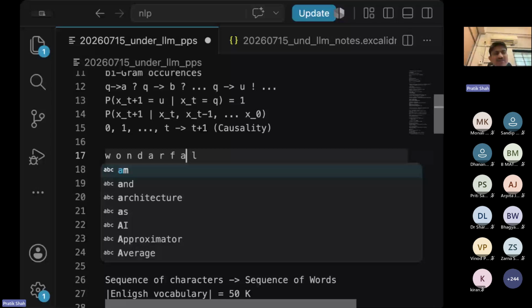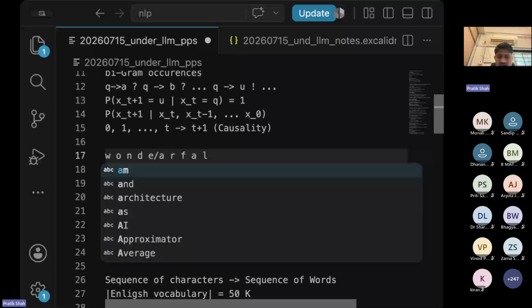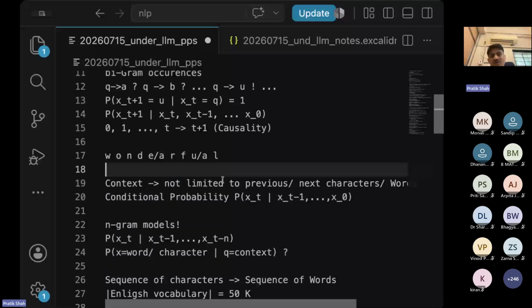When you read this, what happens? Because you have seen this word a lot of times, you would say, in the context, A looks inappropriate. This A looks inappropriate. Correct. So the network will actually guide you saying that after D, it should be E.